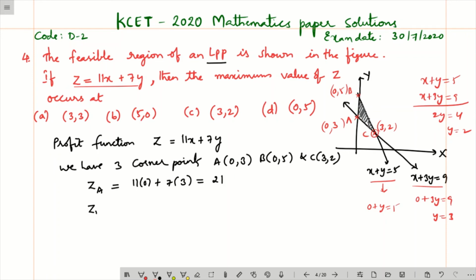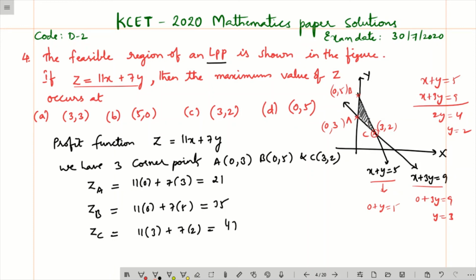And ZB, profit function at point B. So 11 into 0, 7 into 5, 7 5s are 35. And let's see ZC, 11 into 3 plus 7 into 2. So you're getting 33 plus 14.